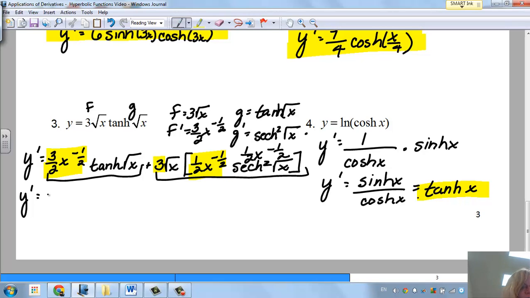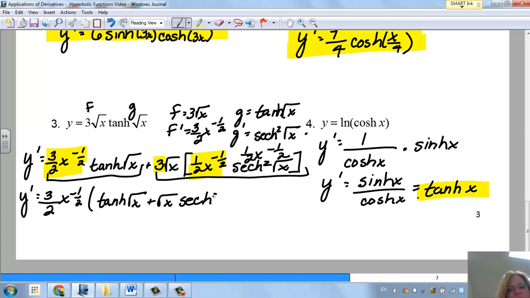So I can actually factor out a 3/2 x to the negative 1/2. And when I do that, I end up with, okay, hyperbolic tan of radical x plus radical x hyperbolic secant squared radical x. And that will be our answer, or our factored form for this one.